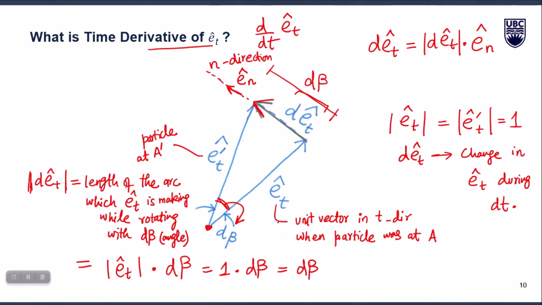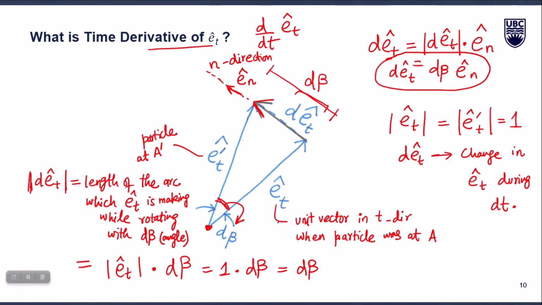Now the magnitude is simply d beta, and we have E sub n here, right. This will give me dE sub t, right. So now I describe this whole vector dE_t as its magnitude times its direction. Now I am ready to divide it by dt to calculate its derivative with respect to time, right.